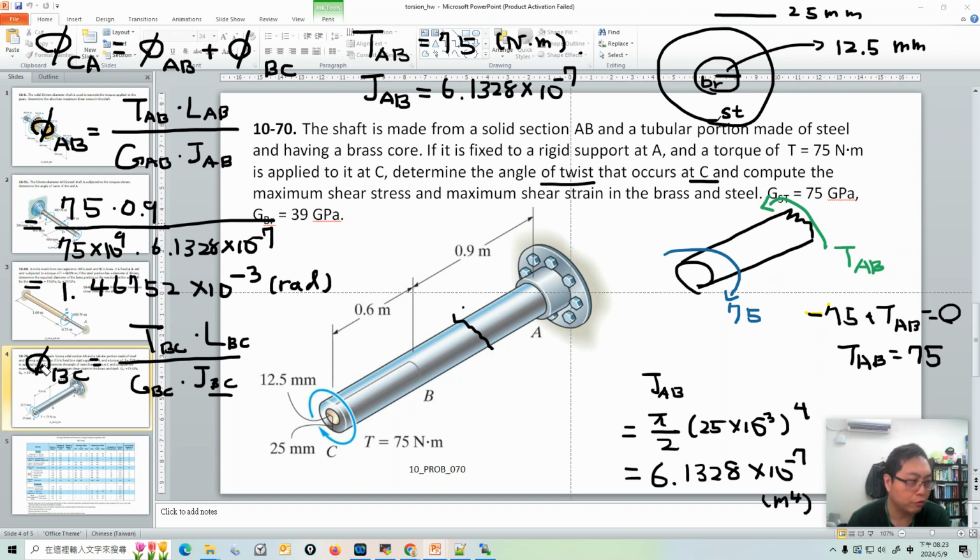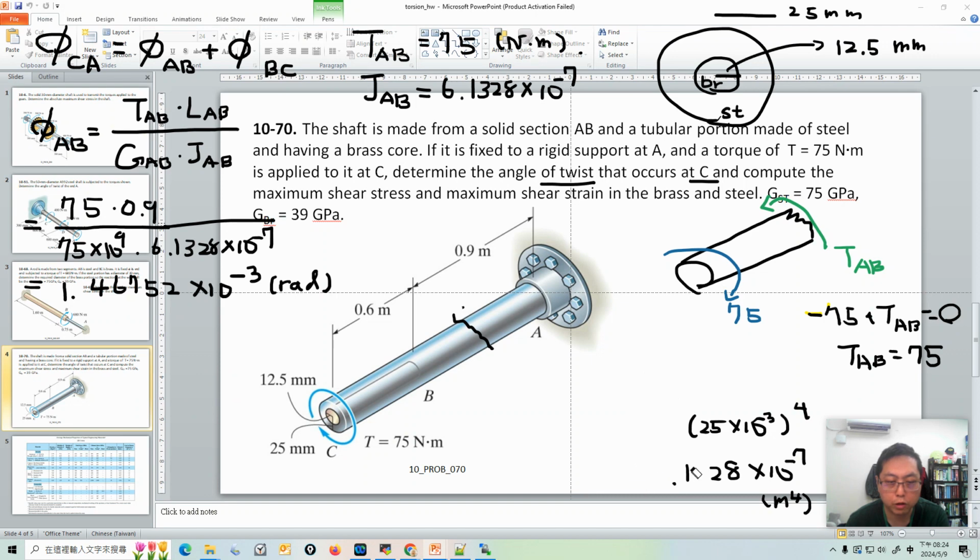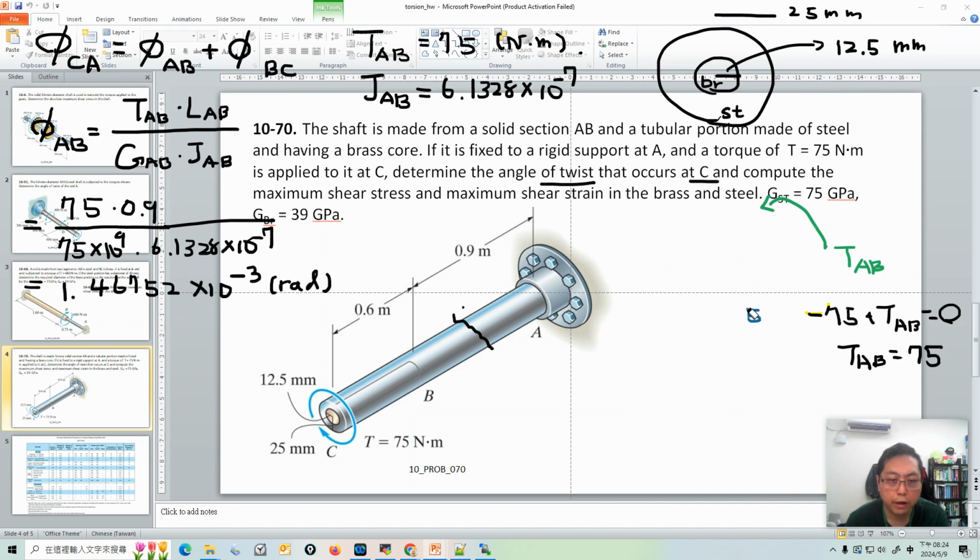For phi BC, I cannot use this formula, so I erase this part, and I also erase this because we finished the TAB calculation. The next problem is how to find phi BC. I also erase this part, and I just take a note here.